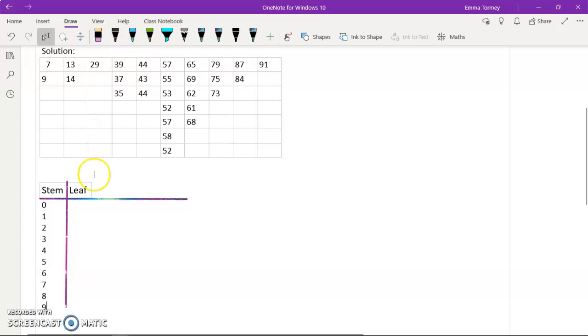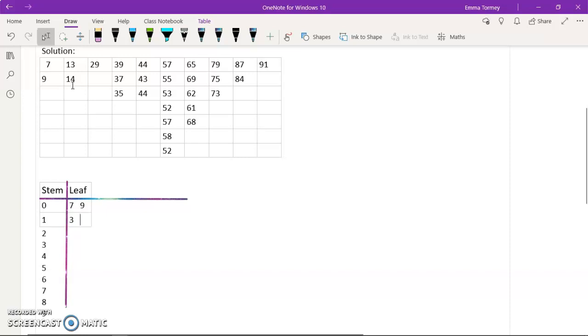Now we have to start putting in our leaves. We have to be careful here that we put them in order. The first leaf is going to be 7. You can put a comma, or you can leave it without the comma and do a space. And the next one will be a 9. Then here, our leaves are going to be 3 and 4, and we have to put them in order.